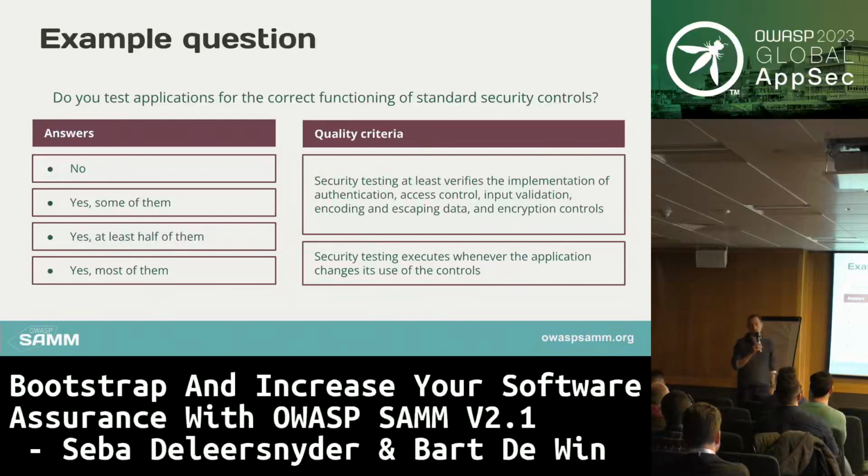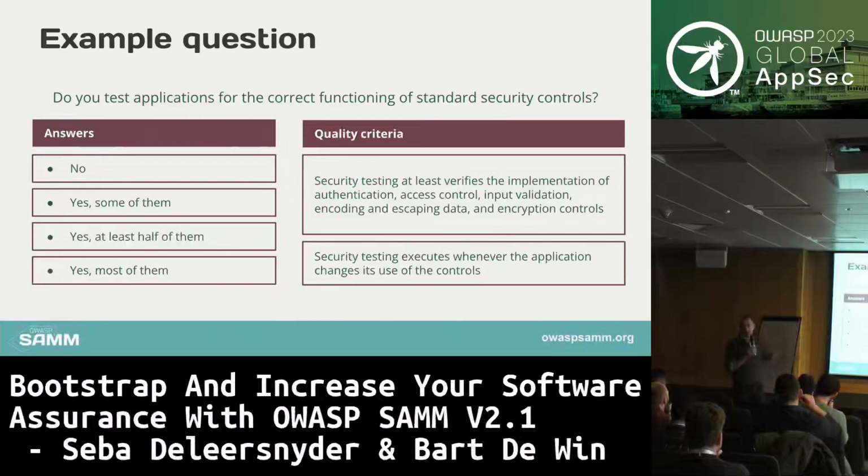The quality criteria are part of the model. If we look here at, for instance, do we test applications for the basic security controls, like authentication, access control, input validation, the basic stuff? Well, either you do it or you don't. That's obviously the answer. Some of them, at least half of them, will give you a more granular way of answering that.